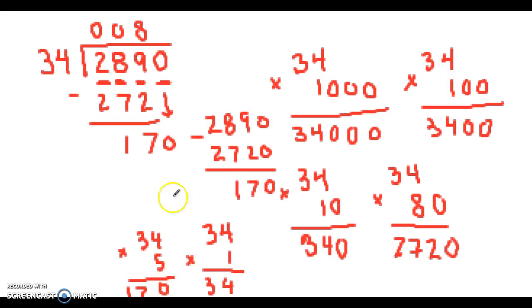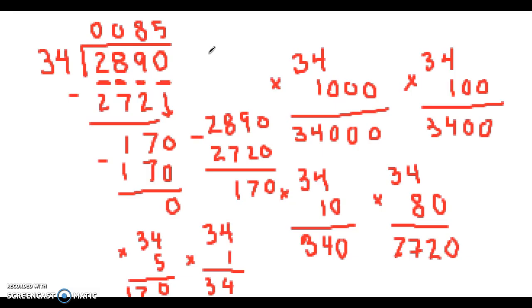And so we can see we have 5 sets of 1, or 5 sets of singles, and so we're going to put 5 in our singles place to show that's how many sets we have. And then we can subtract our 170. And perfectly we end up with 0. And so our answer is 85. That's how many pickles ended up in each group.